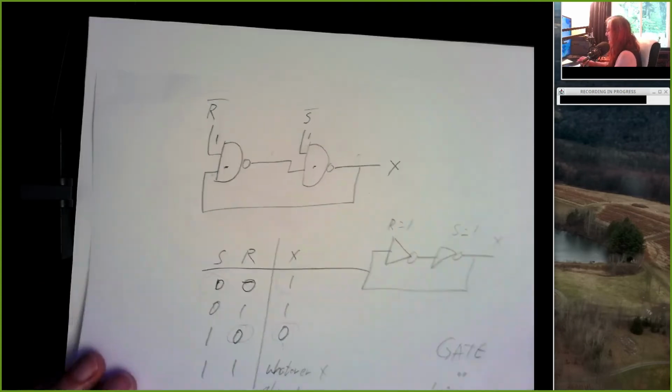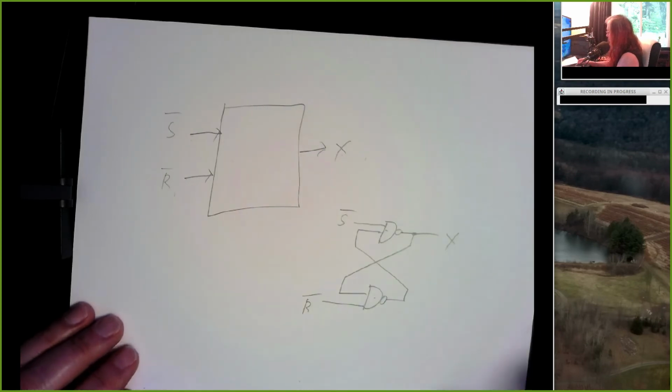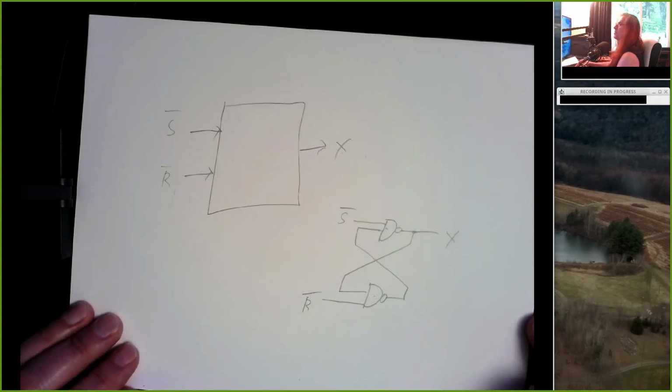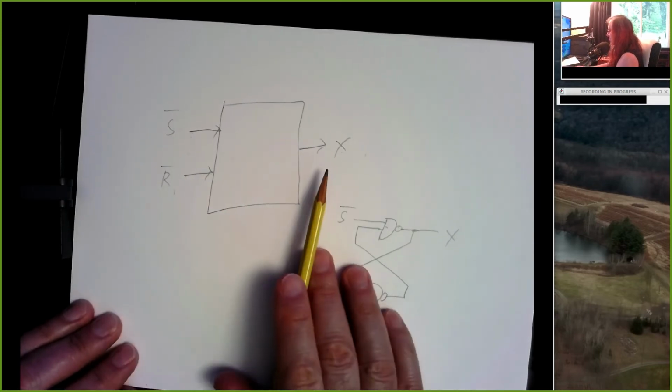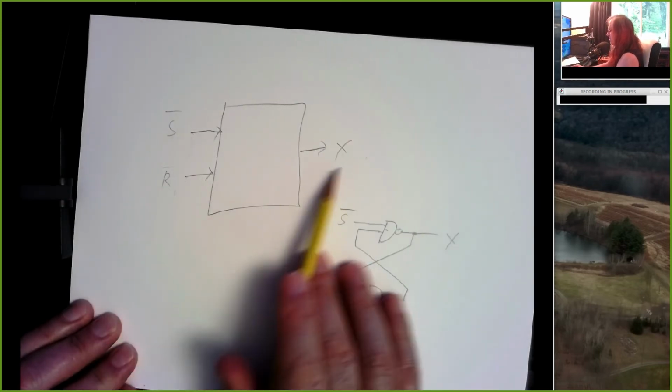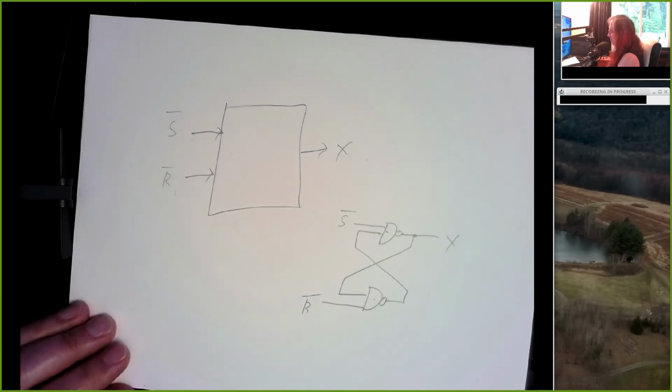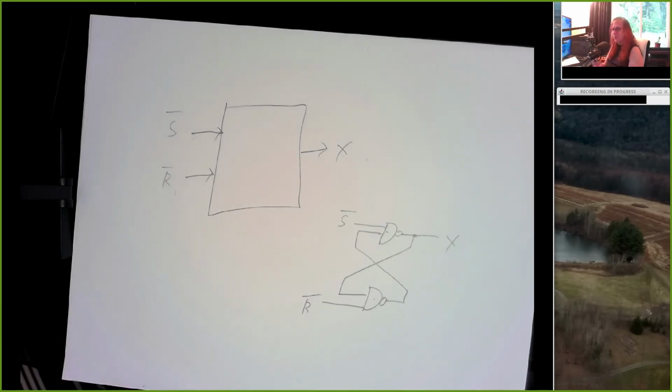And so we have different kinds of gates or latches that we can build. So this one, we have a pair of inputs, and if we want the output to be 1, we pull this low. If we want it to be 0, we pull this low. And that's not bad. That works for a memory.